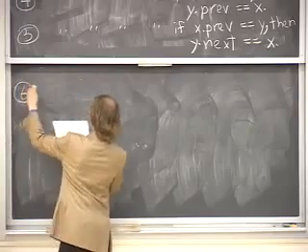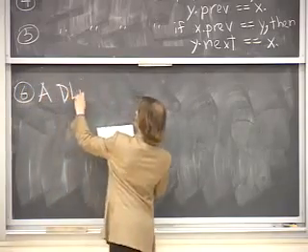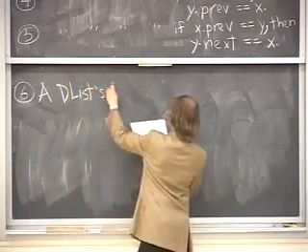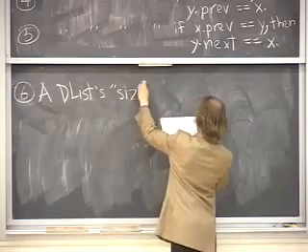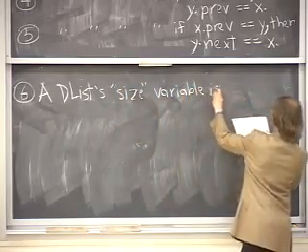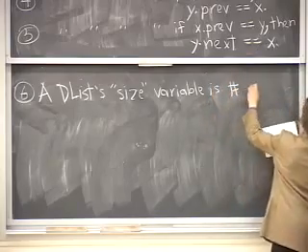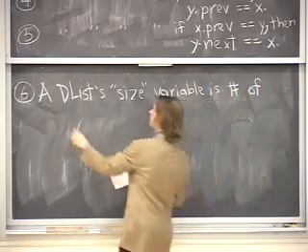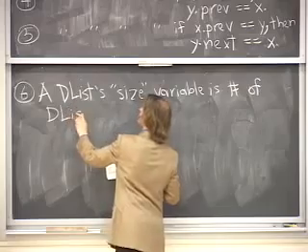And 6, the size field is always correct. Which means it's the number of dlist nodes in the list, not counting the sentinel.